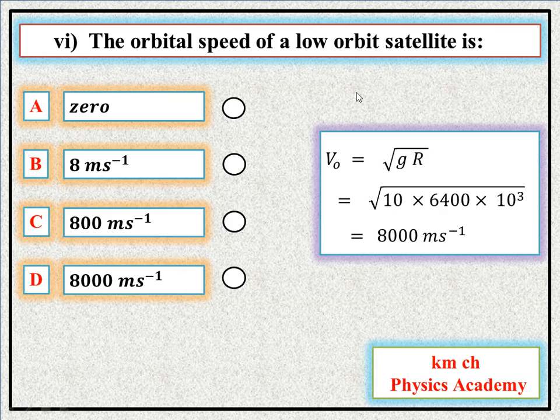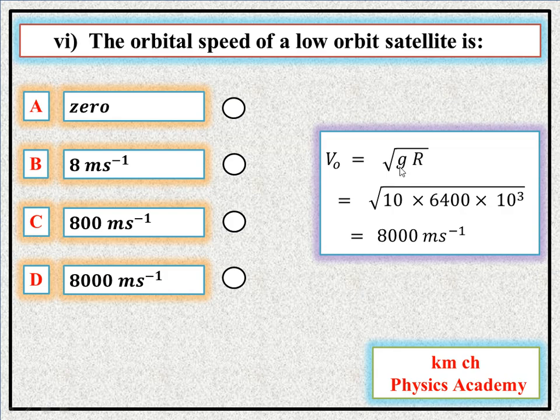Now the orbital velocity is given by v_o is equal to square root of g r, where r is the radius of the earth. For a low orbit which is very near to the surface of the earth, we can make an approximation by taking its orbit equal to radius of the earth r.